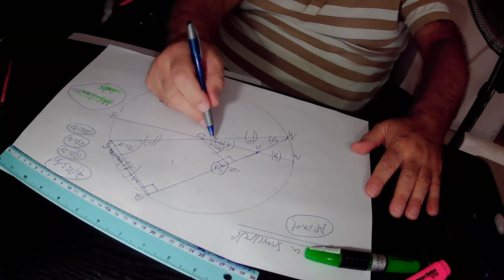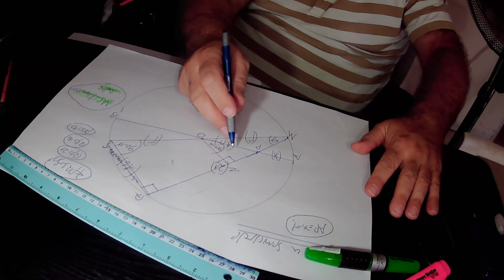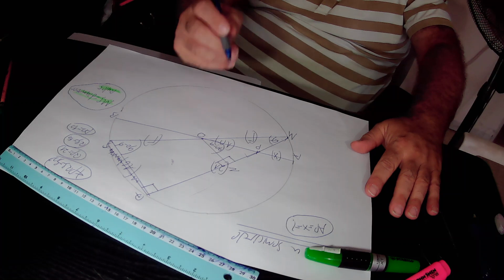Why? Because 90 degrees minus alpha plus alpha is 90 degrees, and 90 degrees plus 90 degrees is equal to 180 degrees. That is the sum of the angles in any triangle. Likewise, in the small right triangle ONM, this angle equals alpha, this angle equals 90 degrees, and therefore this third missing angle must be equal to 90 degrees minus alpha. Why? Because 90 degrees minus alpha plus alpha is 90 degrees, and 90 degrees plus 90 degrees is equal to 180 degrees. That is the sum of the angles in any triangle.